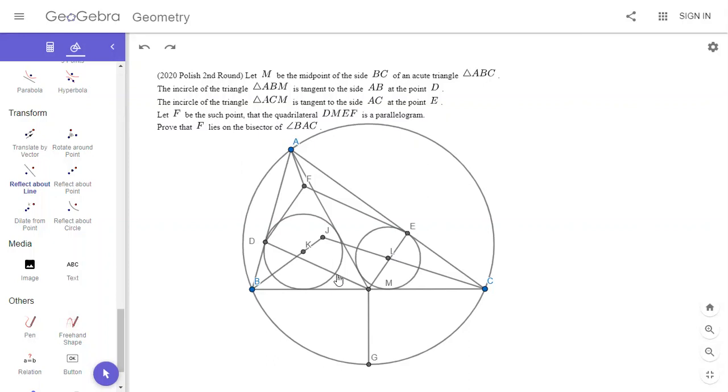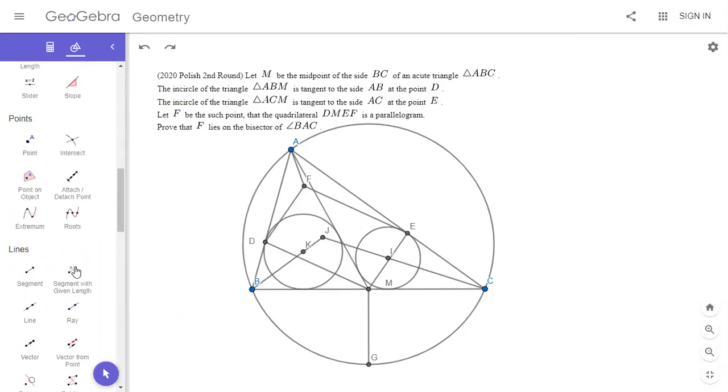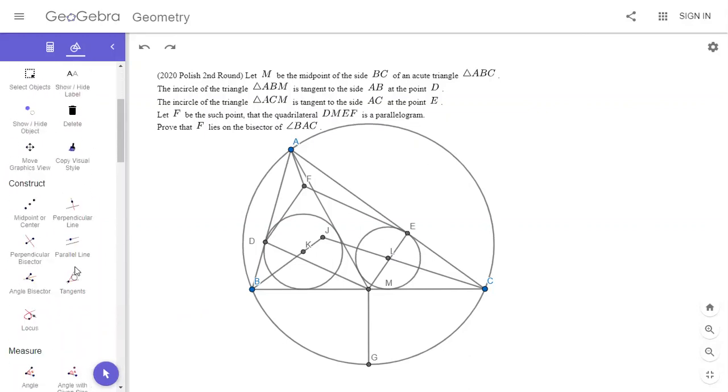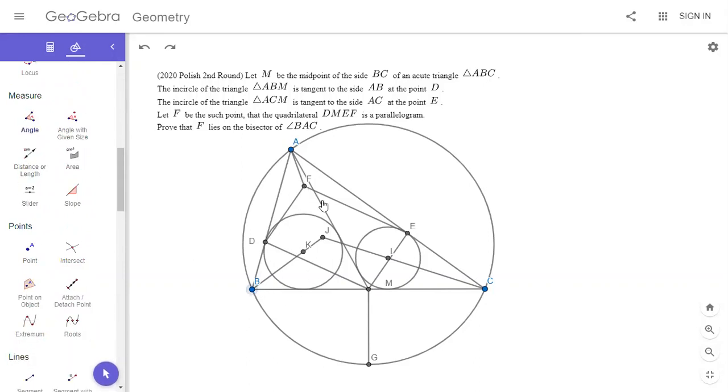If angle BFC is 90 degrees, that would be a big coincidence if that were true.